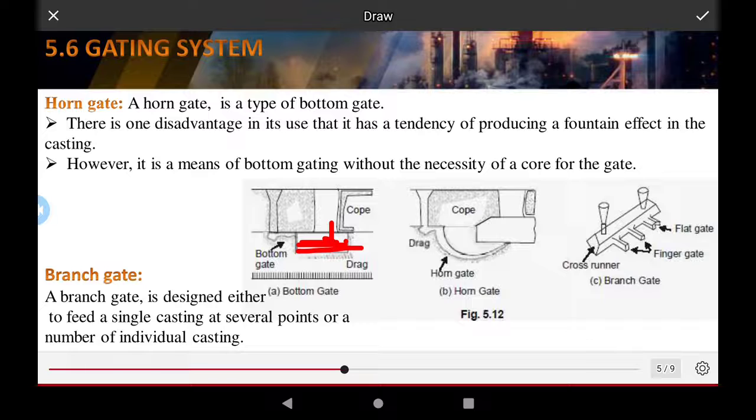This is the bottom gate of the core, and this is the core and drag, which consists of the bottom gate. This is the riser of the in-gate, and this is the cope. The riser passes through the in-gate of the mold system. This is the passage for the horn gate. This is the drag.